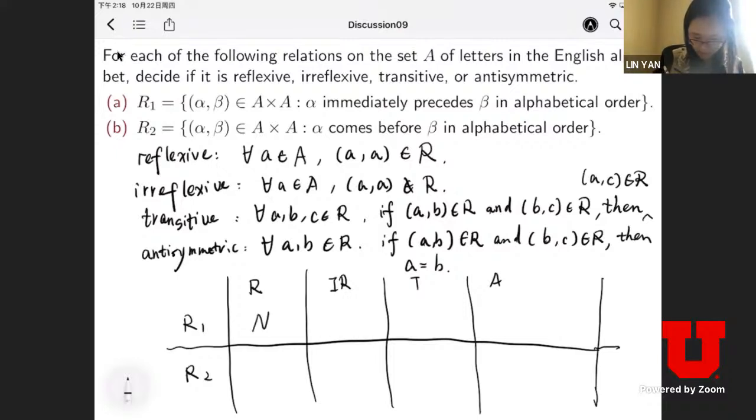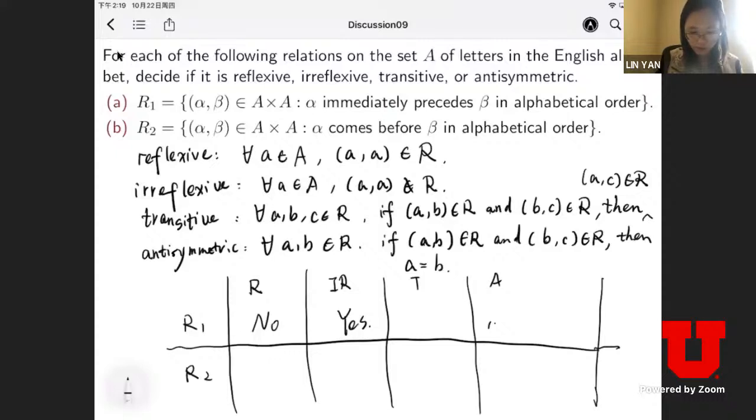Okay, there's an answer no. That's right, because no letter immediately precedes itself. The second one is whether or not they are irreflexive. Okay, yes. And the reason is the same as the previous one.